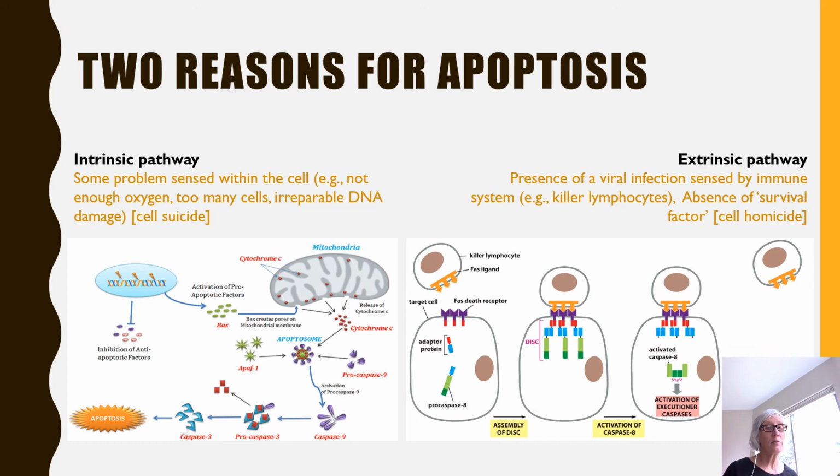In the case of a virally infected cell, a killer lymphocyte or some other immune cell will attach to the infected cell and essentially signal the cell that it should kill itself, undergo apoptosis, and in fact the killer lymphocyte will very strongly encourage the infected cell to undergo apoptosis, this clean programmed cell death.